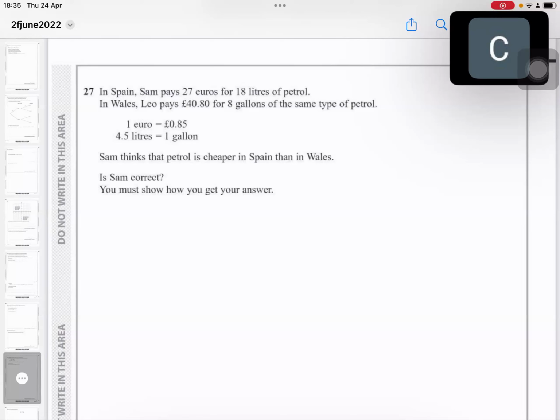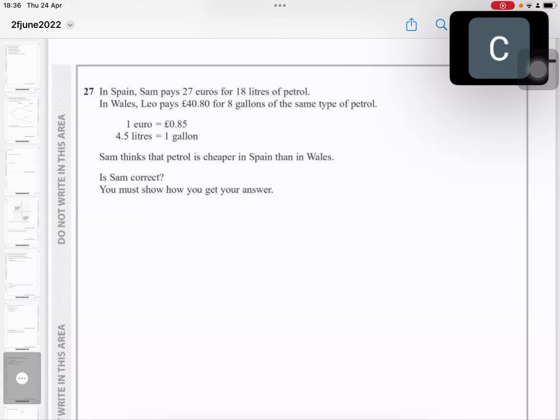So what are we going to do next? Now we have everyone on level playing ground. Sam is having 22.95 for 18 liters, and Leo is having 40.8 for 36 liters.